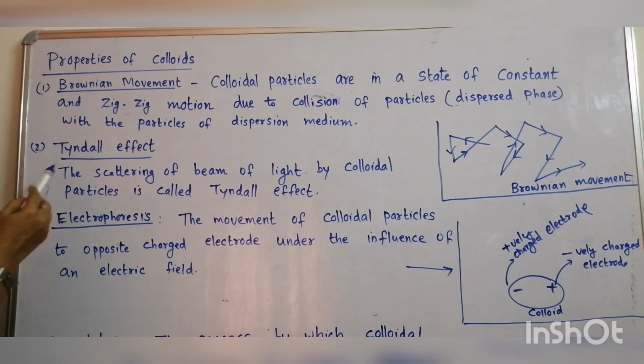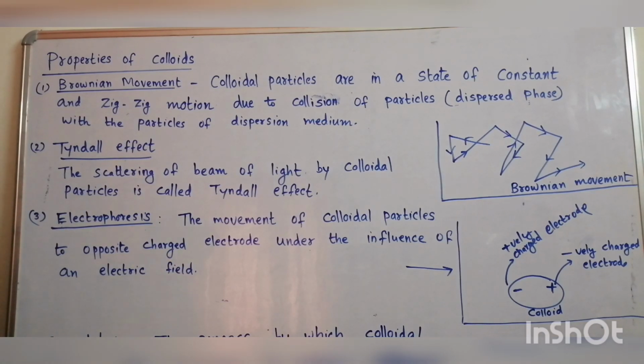The second property is Tyndall effect. You know that when a beam of sunlight enters a dark room through a small hole from the window, the path of the light becomes visible and dust particles present in air can be seen in the ray of light.